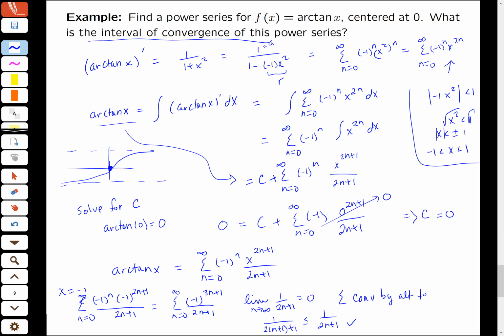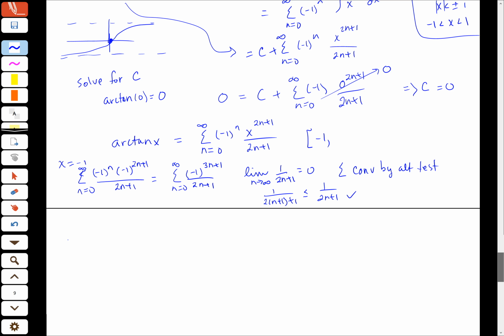Let me get another piece of paper. And let's look at the second endpoint. x equals 1. Now help me out. 1 to the 2n plus 1. What does that equal to? 1. So this just becomes the sum n equals 0 to infinity, minus 1 to the n over 2n plus 1.